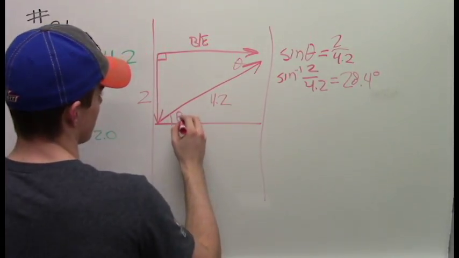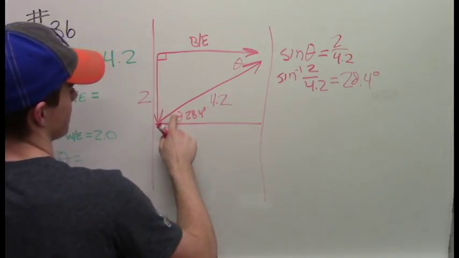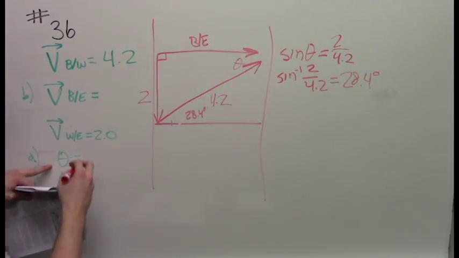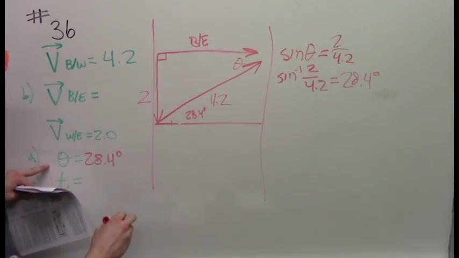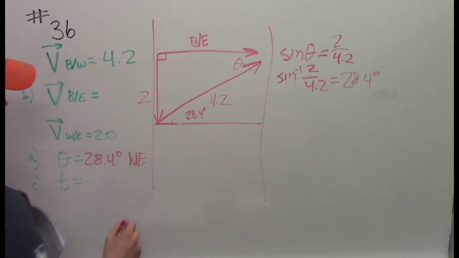So now we know that this is 28.4 degrees. Okay, so theta is 28.4 degrees, and that's going to be north of east.